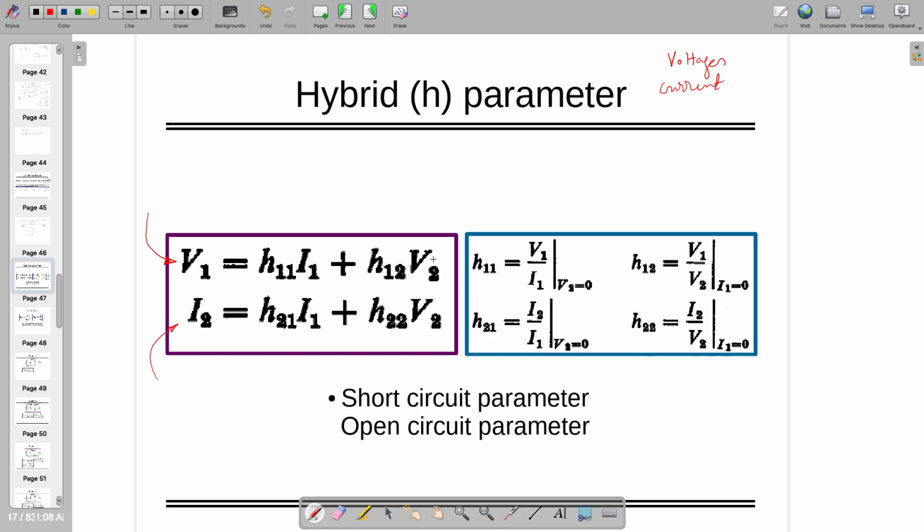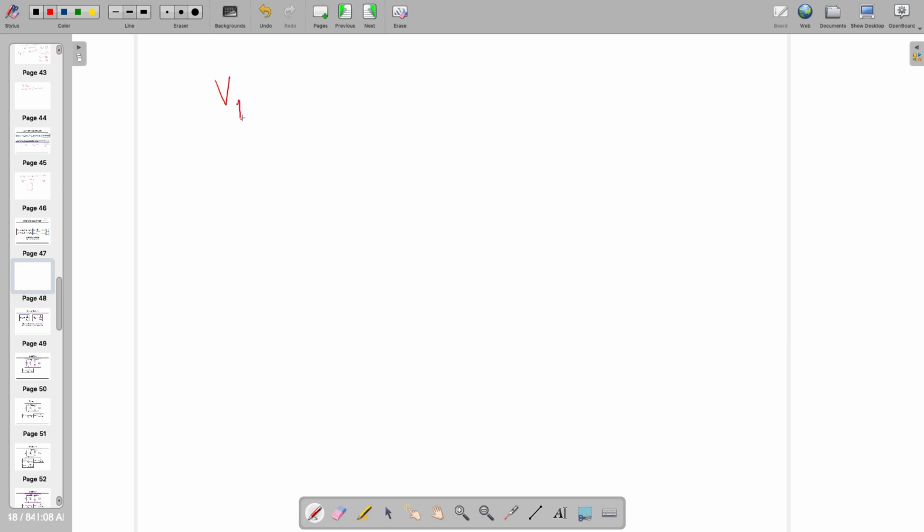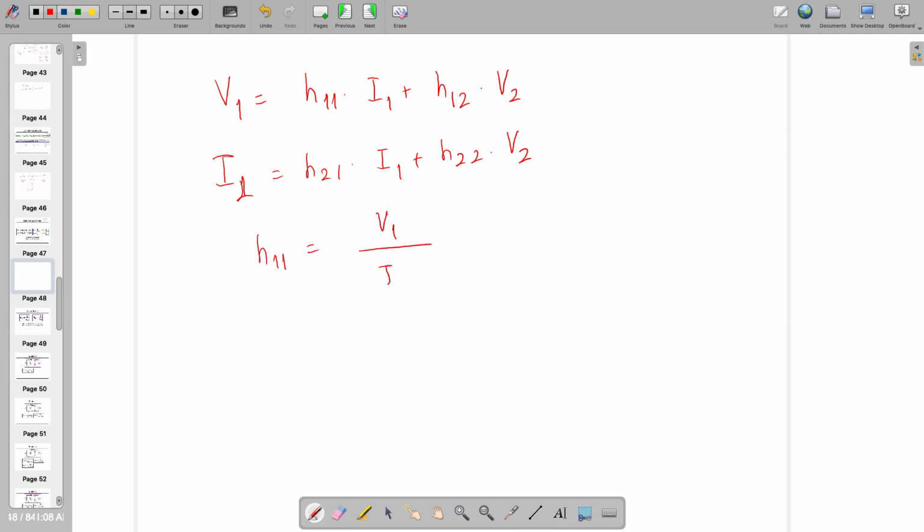They are defined as V1 is equal to H11 times I1 plus H12 times V2, and I2 is equal to H21 times I1 plus H22 times V2. So H11 is nothing but V1 by I1 when V2 equal to 0. Since V2 equal to 0, we call this a short circuited parameter.